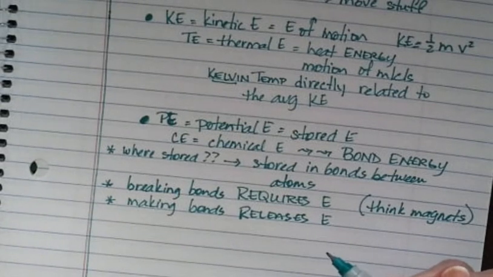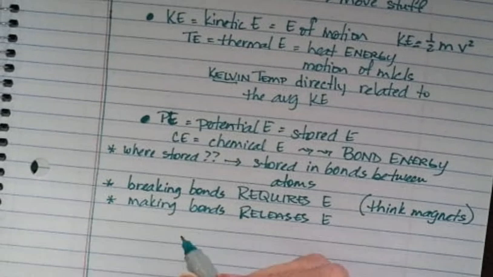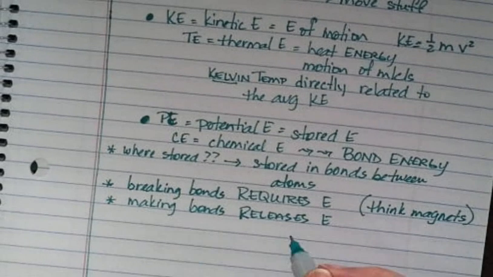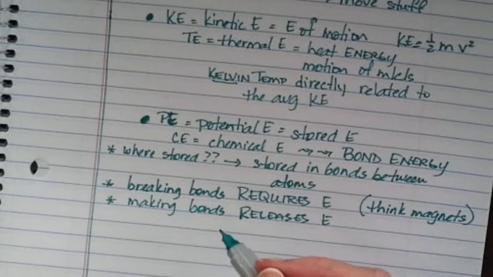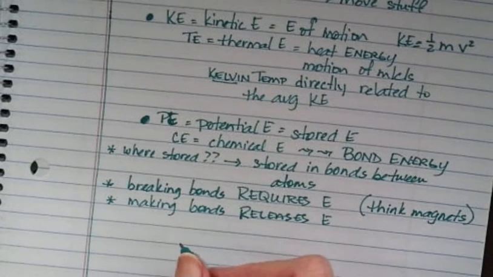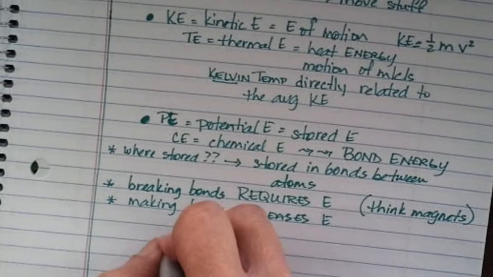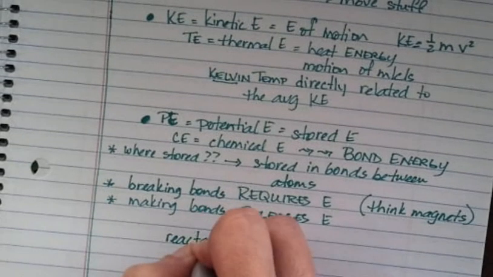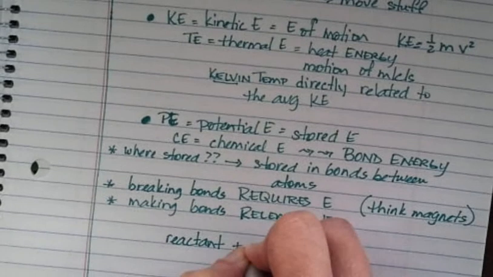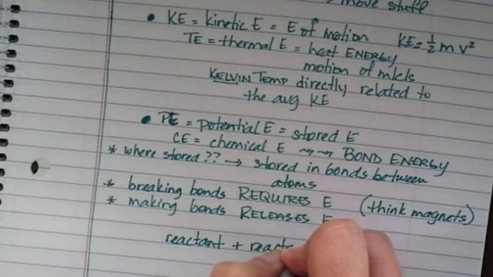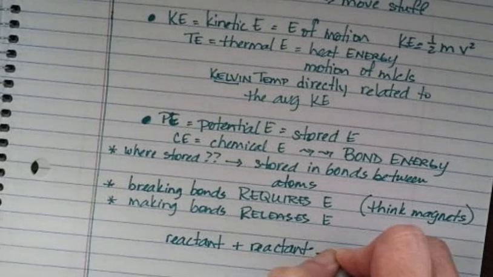So keep things in mind. When we have breaking bonds requires energy and making bonds releases energy, in general, this is what we're dealing with. So we know that when we have two chemicals or two atoms that react together, we produce a product.